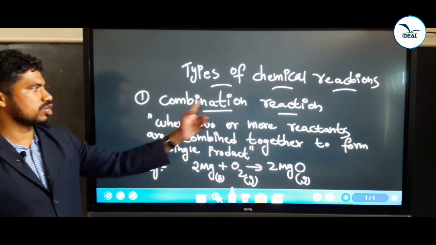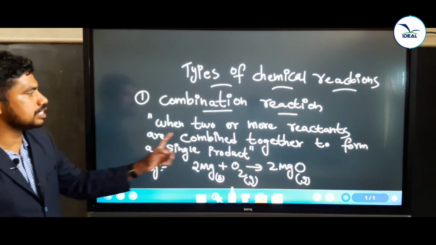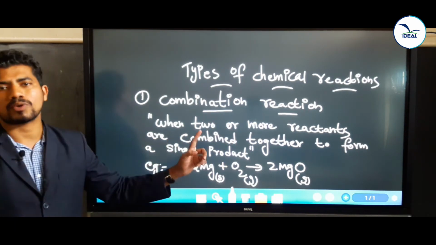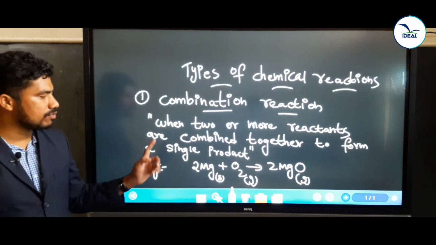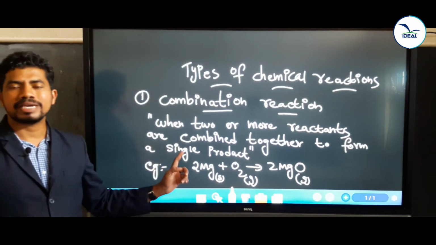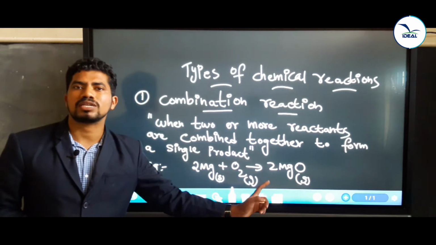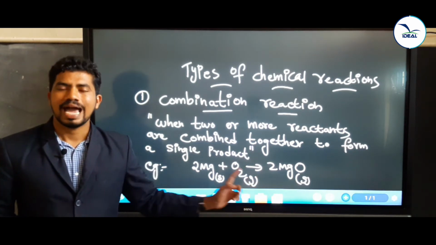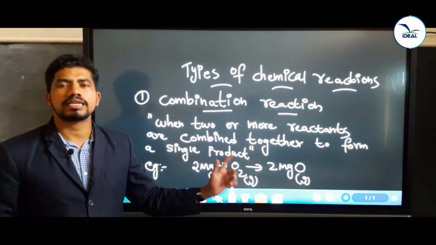This is the definition of combination reaction: when 2 or more reactants are combined together to form a single product, it is known as combination reaction. I gave you a simple example. When we burn magnesium, we will get a white powder known as magnesium oxide. Actually, magnesium has a silver color appearance.